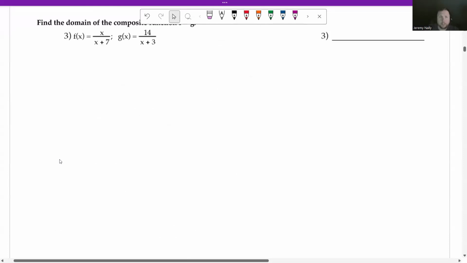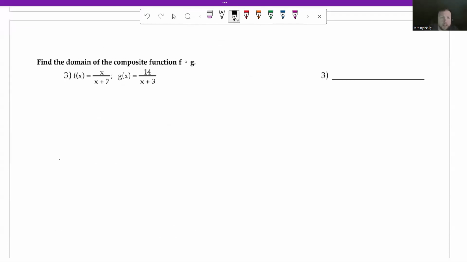Number 3, it says find the domain of the composite function f of g. So let's go ahead and find that. We have f of g, or f composed with g of x, and you can think of that as f of g of x. So then this is f of 14 over x plus 3.